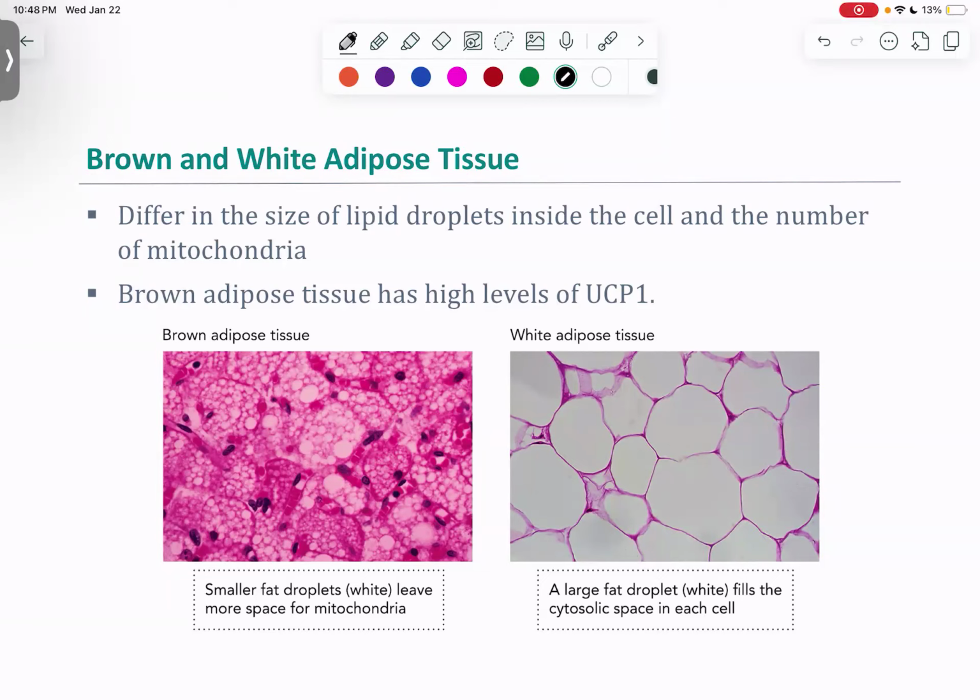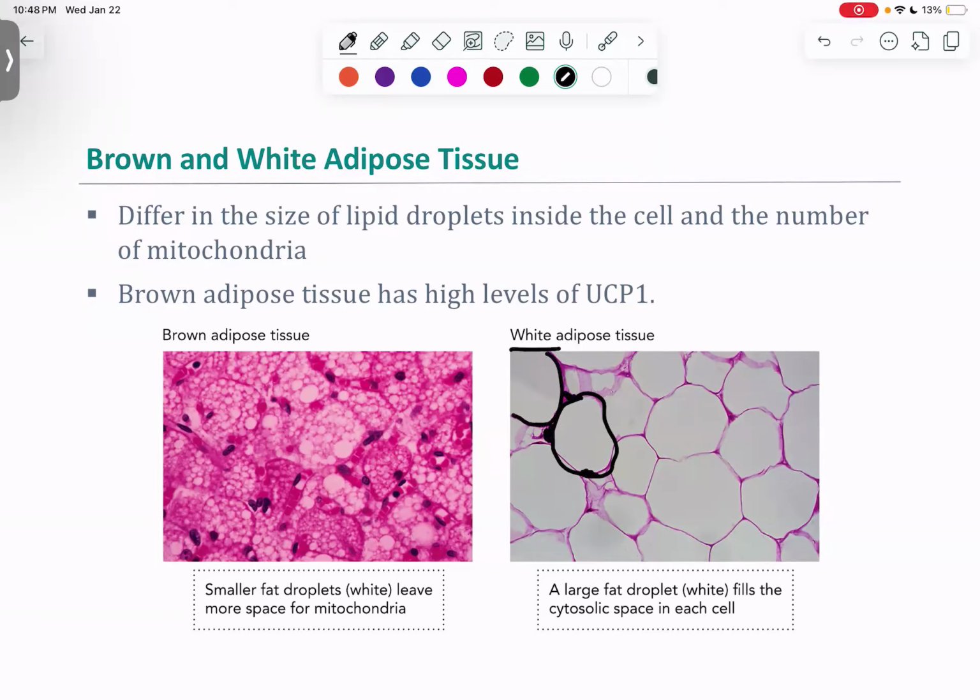But let's look at the structure real quick. If you look at white adipose tissue, this is one cell, and that one cell is filled with one giant fat droplet. And the nuclei are smashed along the sides. So that's why you see this darker area.